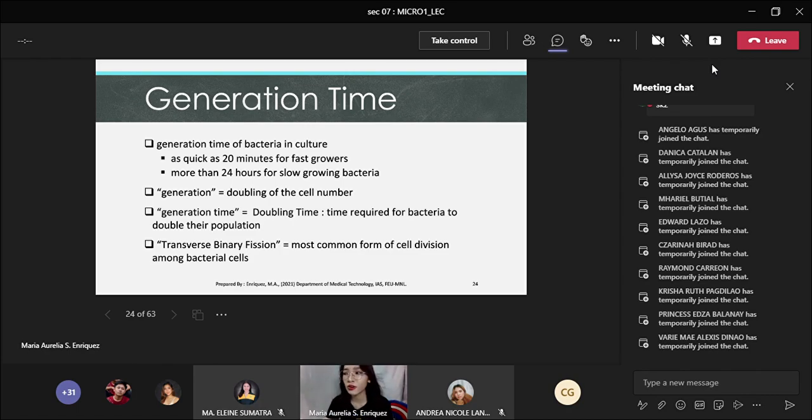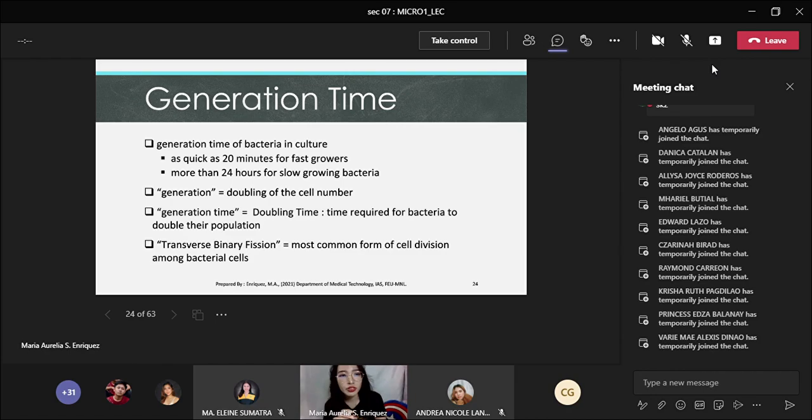Kaya sa mga microbiology laboratories po, usually, yung mga samples for bacteriology, nire-read po after 18 to 24 hours para po mabigyan ng time if, for example, is slow grower pala yung ina-isolate nila.